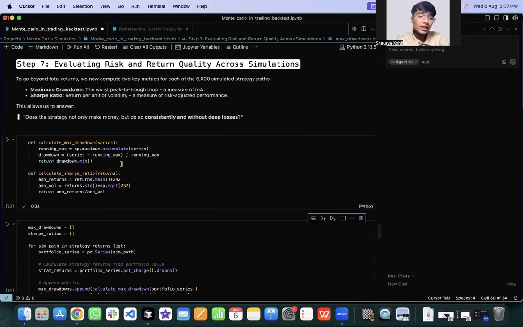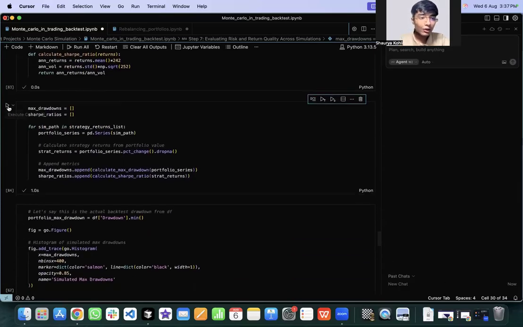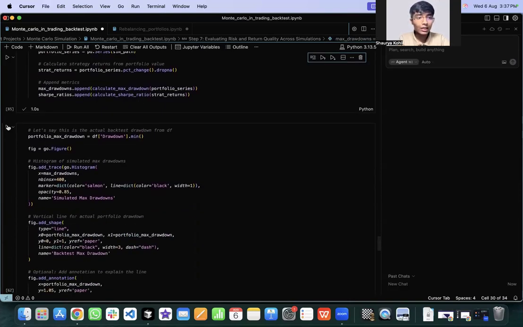And for the calculation of the Sharpe ratio, we'll be doing it with the annualized volatility equals to the standard deviation of returns multiplied by the square root of 252, which is the number of trading days in a year. And after we do this, we would get our result.